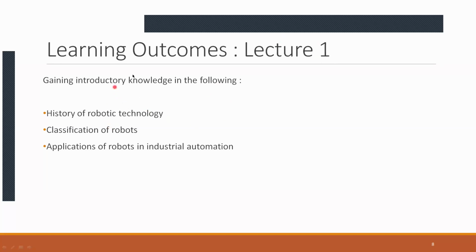The learning outcomes of today's lecture are that you should be able to give a brief description of the history of robots, classify robots, and explain to someone who doesn't know the applications of robots in industrial automation.